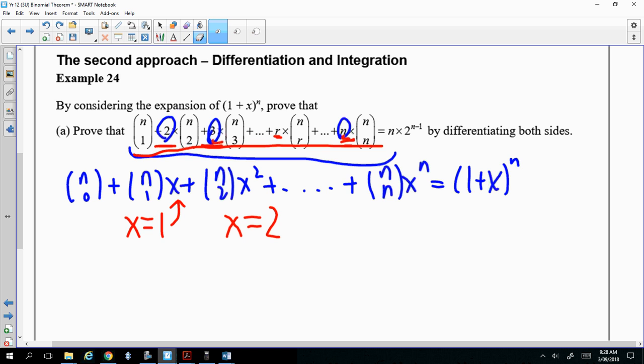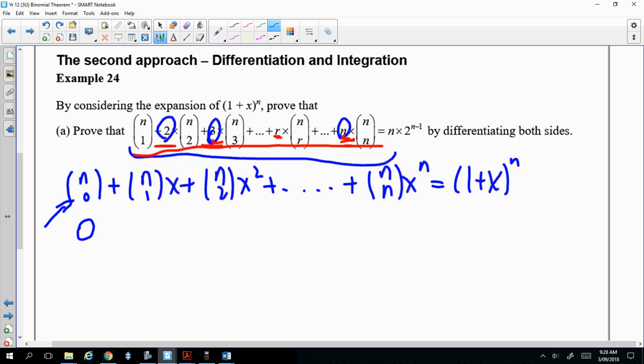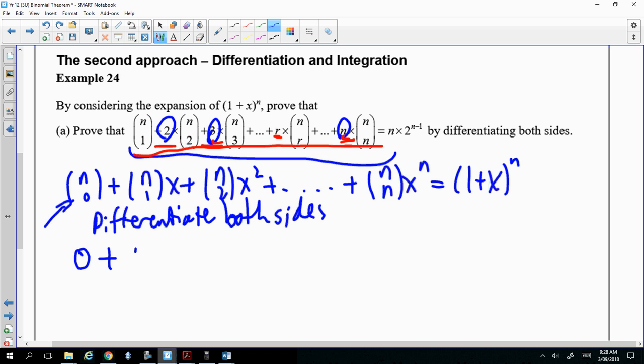Remember, this is a 1, so when you differentiate it, it's 0. So you have to write down both sides, differentiate both sides. So what you get is 0 plus nC1 plus 2 times nC2 x, right, differentiate x squared, plus ... n times nCn x power n minus 1, subtracting the power by 1.